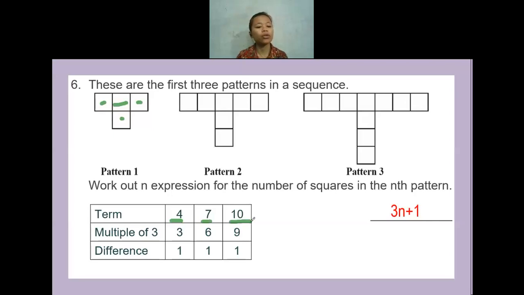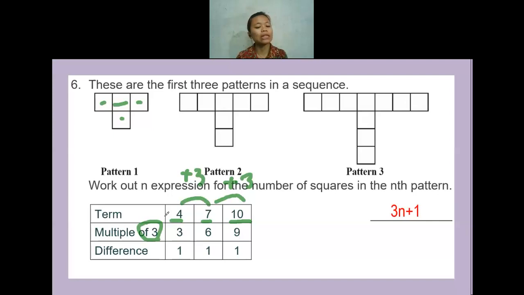After you get the number of boxes, you have to check the term to term rule. From 4 to 7, we have to add 3. And then from 7 to 10, we also add 3. Because the term to term rule is add 3, it means we have to find the multiples of 3. Multiples of 3 will be 3, 6, 9, and so on.